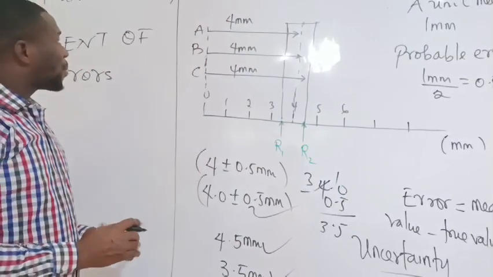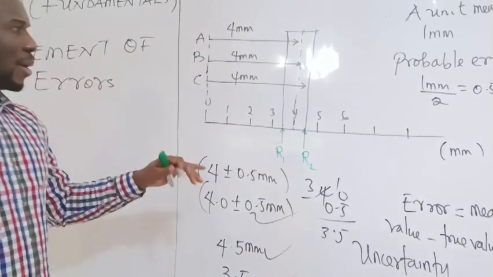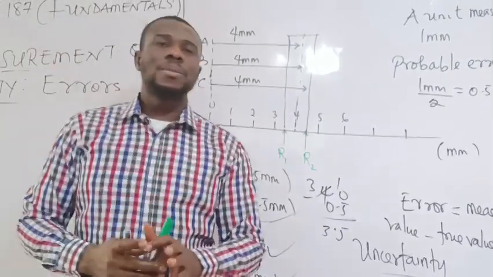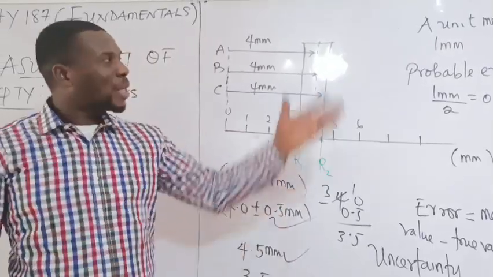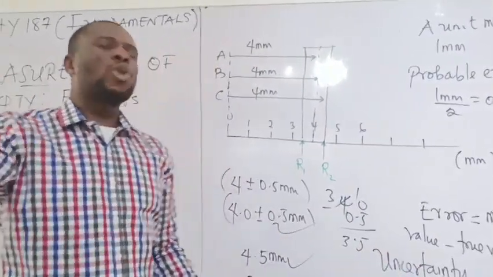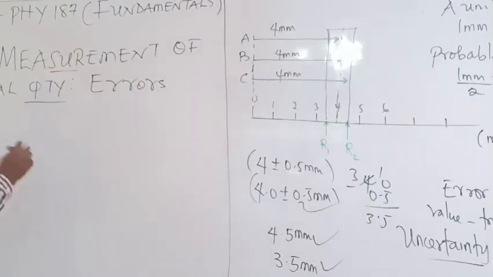All right, now there are 2 key terms I would like to be detailed about. The first is precision. How precise could measured values be? And then how accurate could it be? So I'll talk about precision and accuracy.